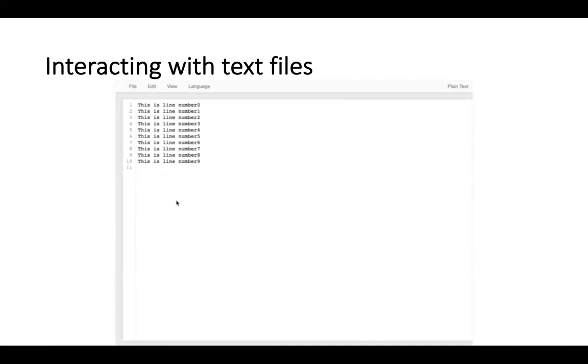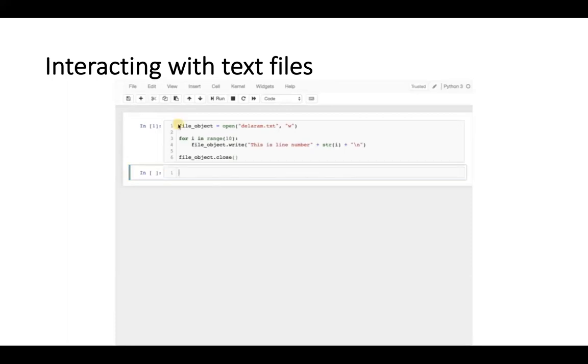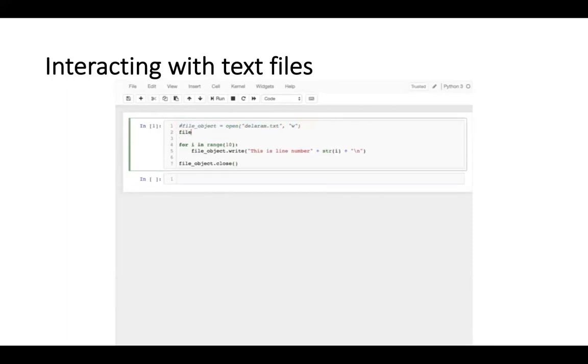Now let's try adding some content to the file that we just wrote. I'm going to comment out the line that opens the file and creates it, and I'm going to write a new one. This will be file_object equals open, and it's going to be again dilaram.txt. In this case, I'm going to pass a different mode to it, which is a.